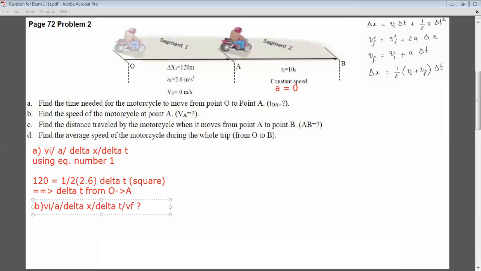How much is the final? Okay, so which is the easiest equation here? It's the third equation, although I can use the second equation and the fourth equation as well. But using equation 3, it's the easiest.